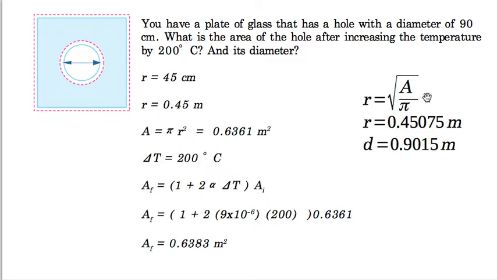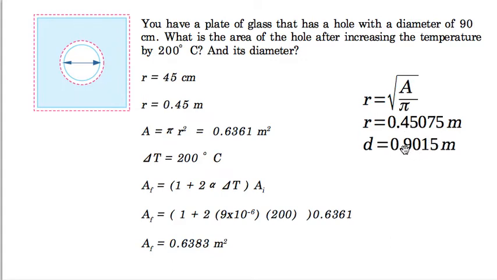So you get this new equation. And the radius, as you can see here, it's gonna be 0.45075. As you can see, it just increased by a very small amount. It used to be 0.45, now it's 0.45075.